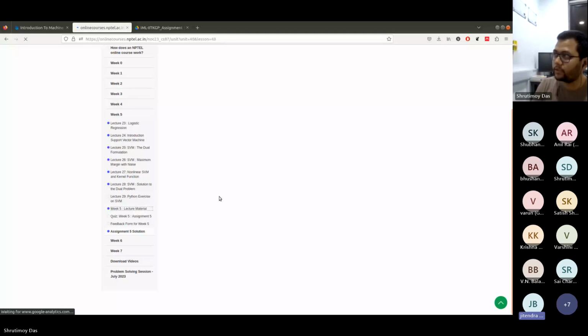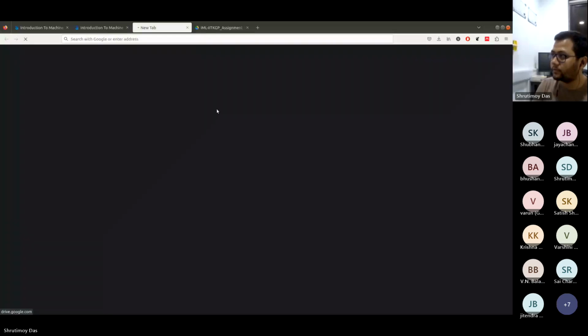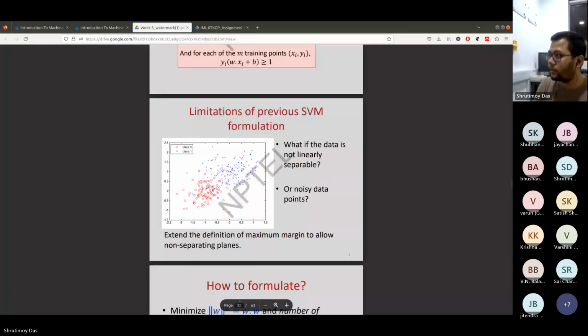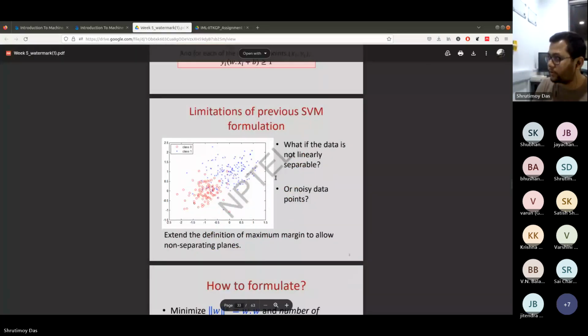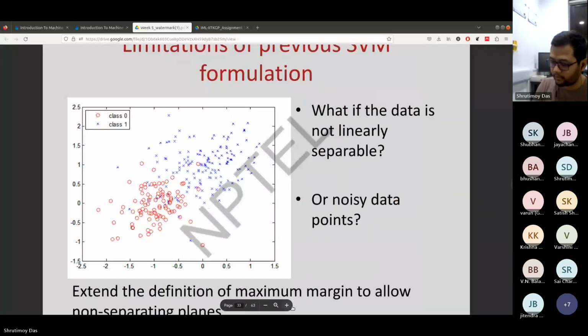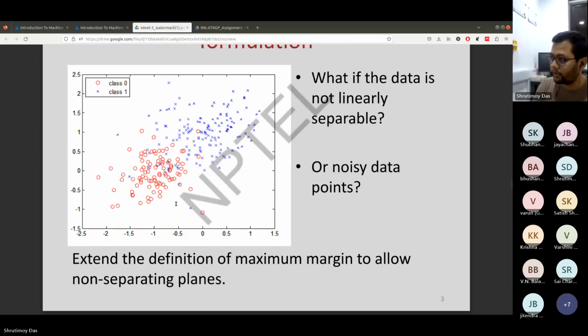Yes, this is an example of overlapping points.